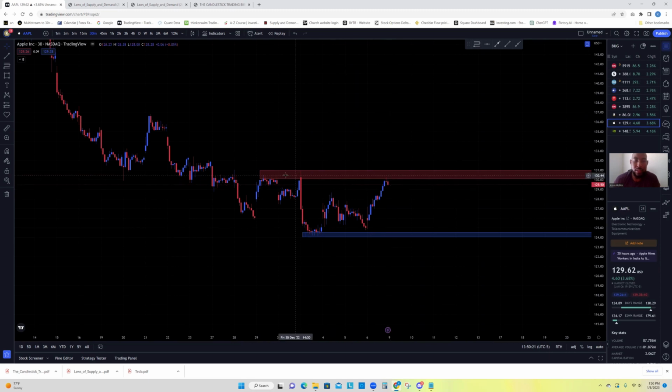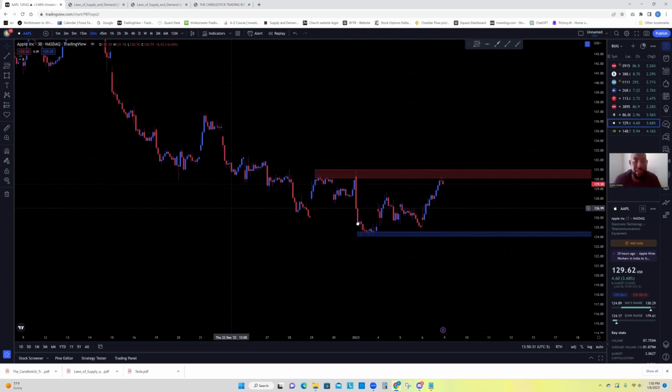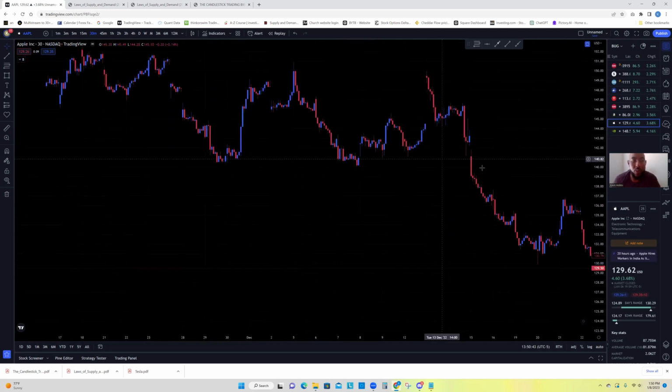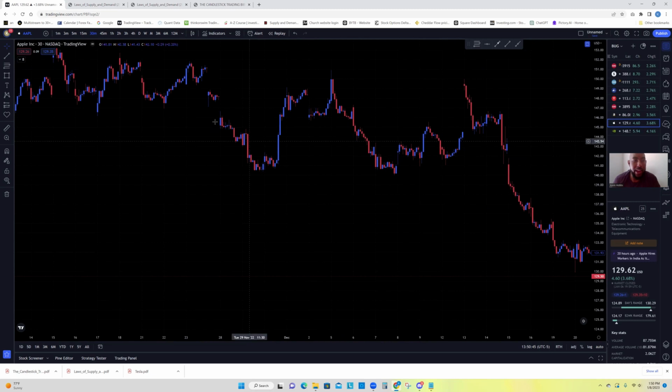So I can draw an area of support and resistance at the top and the bottom. But if I want to be more precise and more accurate in my entries, I want to find rally-based rallies, drop-based drops, drop-based rallies, rally-based drops. I want to find more precise movements, because when I draw up my zones, that gives me more confidence in my area.